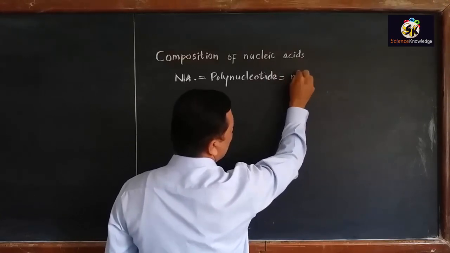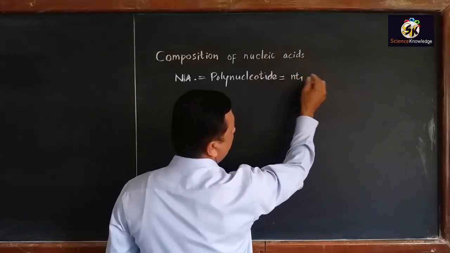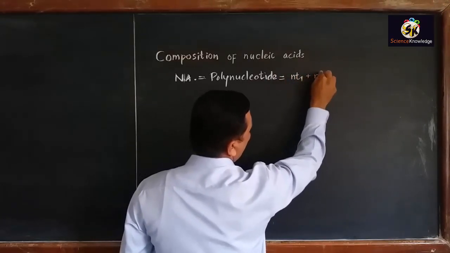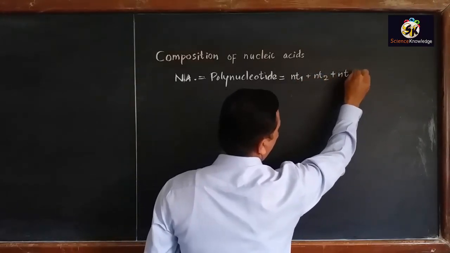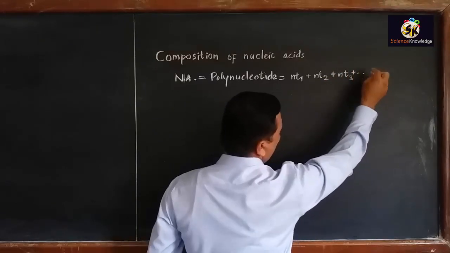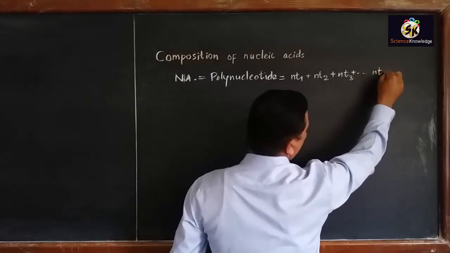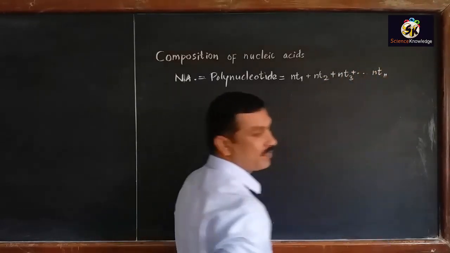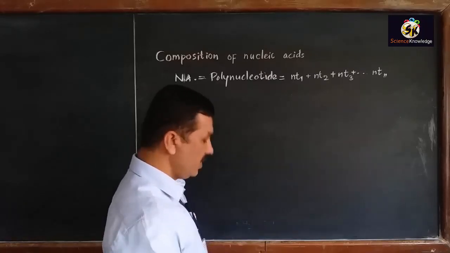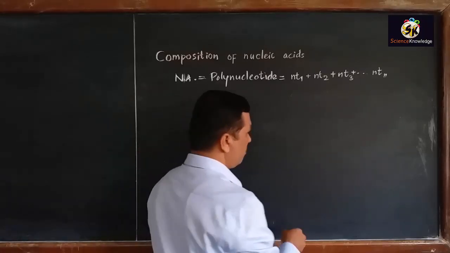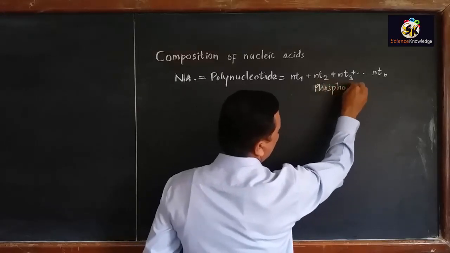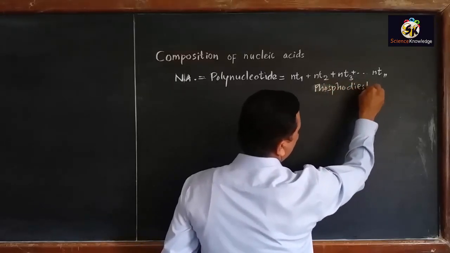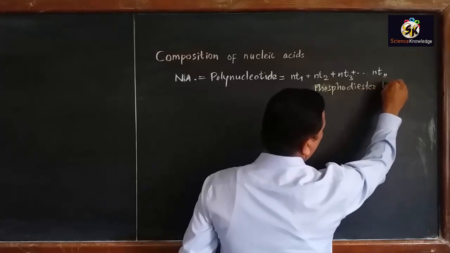So we can represent it as nucleotide 1 plus nucleotide 2 plus nucleotide 3 plus ... nucleotide N. And they are linked with each other by a bond which is called a phosphodiester bond.